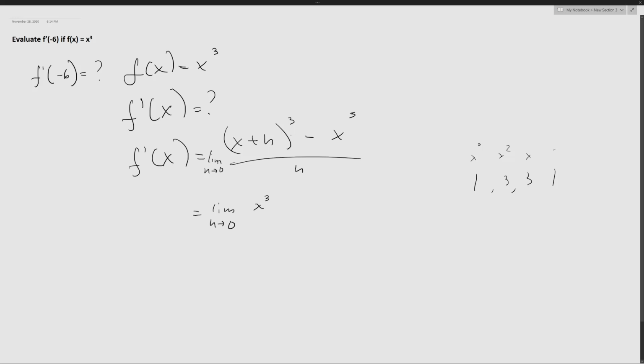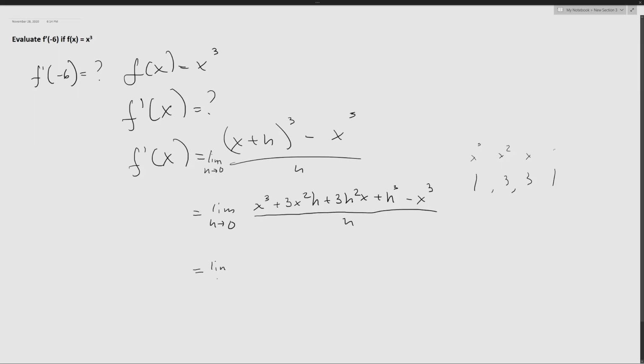So in our case, we would have x cubed plus 3x squared h plus 3h squared x plus h cubed. Sorry, these x's and h's are really messing me up. Minus x cubed over h.